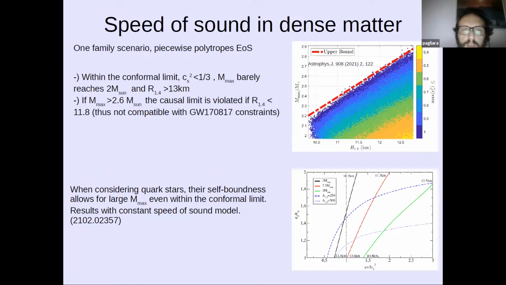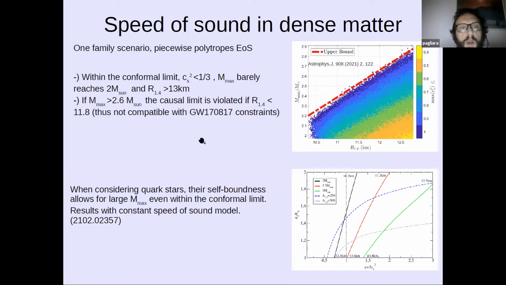Speed of sound. Now, this is an interesting point also because these results are based on piecewise polytropes, so they are quite general. They do not make any particular assumption, except for the existence of just one family of stars. And I would like to point out these two things.